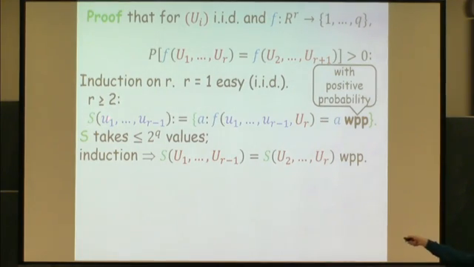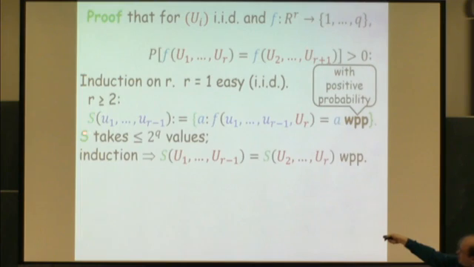It's the set of values that f could take when you fix the first r minus 1 arguments, but you allow the last one to be random still. So it's the set of colors a, integers 1 up to q, such that if you fix the first r minus 1 and still let the last argument be random, f takes the value a with positive probability.